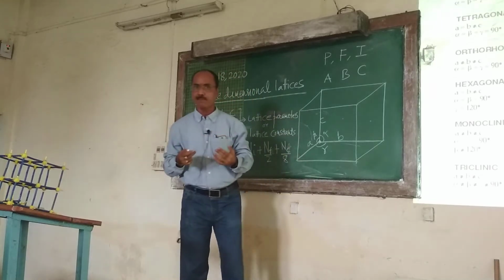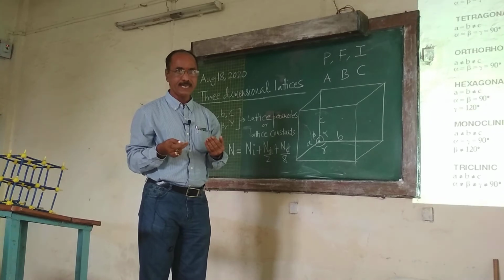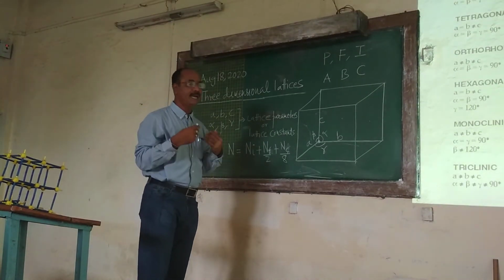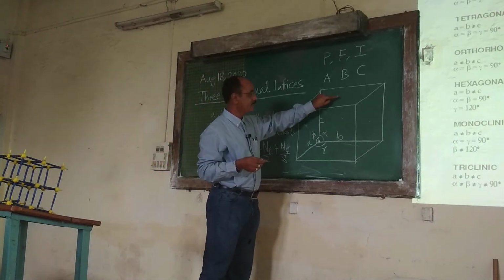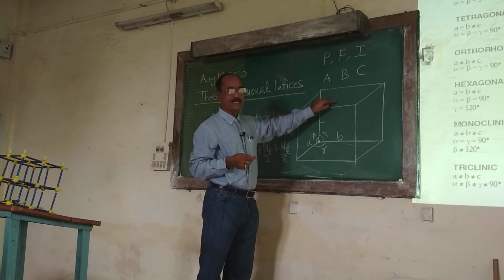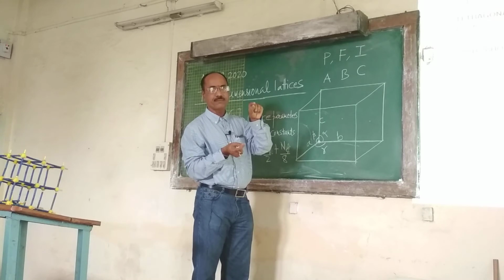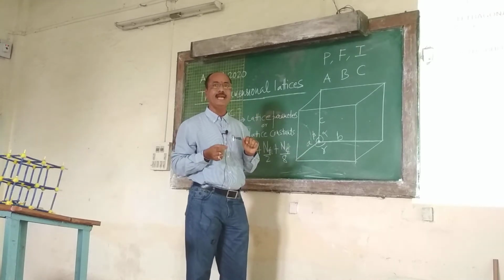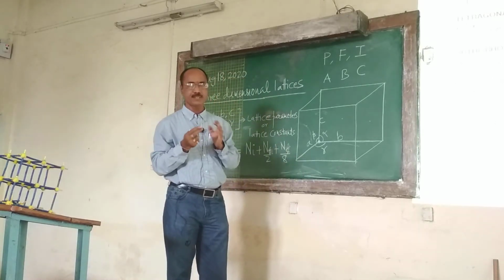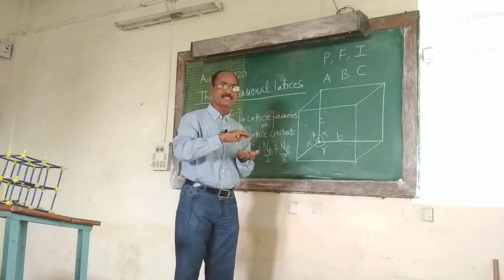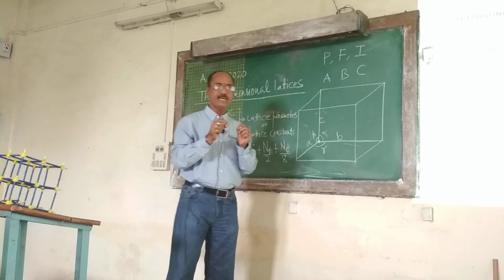And there is one more type of unit cell, which is an end-centered unit cell. What is an end-centered unit cell? If lattice points lie at only two opposite faces of the unit cell, then it is called an end-centered unit cell. I suppose you have understood the difference between face-centered and end-centered. In the face-centered unit cell, there is a lattice point at the center of each face.